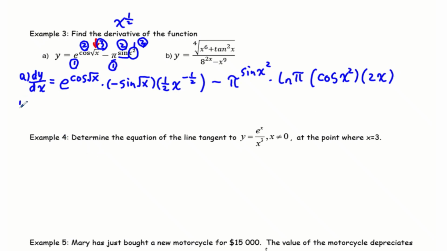And question B. So we need to find the derivative of this one. So we have u over v. Then we do the quotient rule: u prime v minus u v prime. Then for the u prime and v prime, we need to find the order. So this one exponent will be 1 over 4.